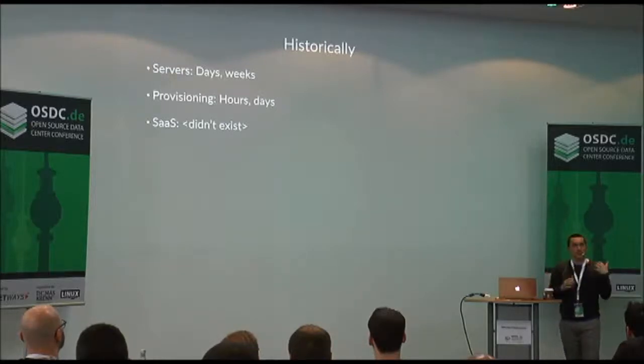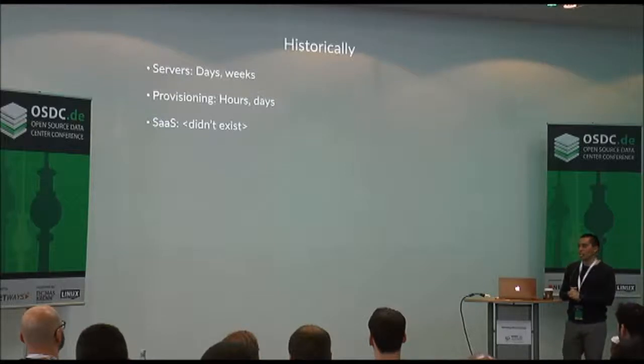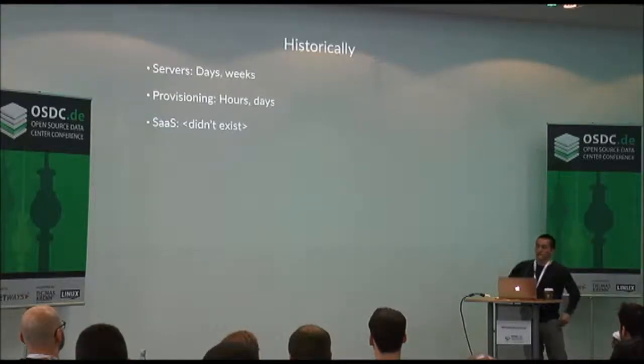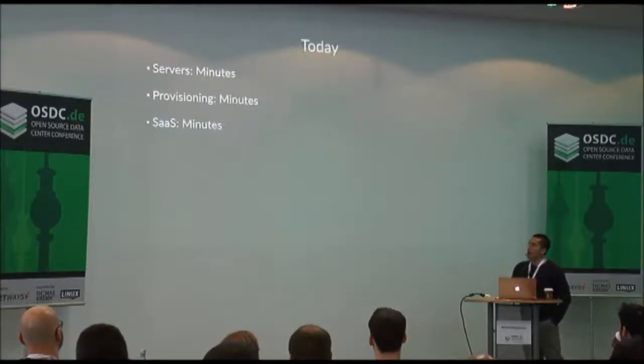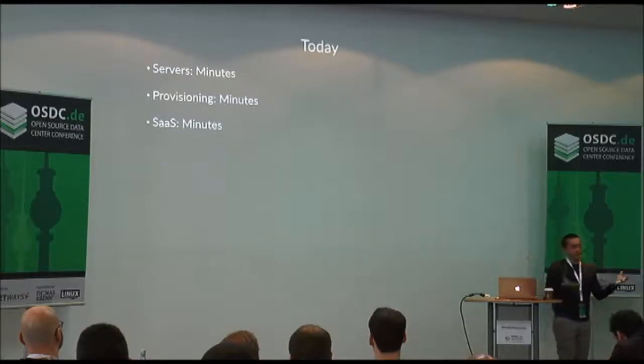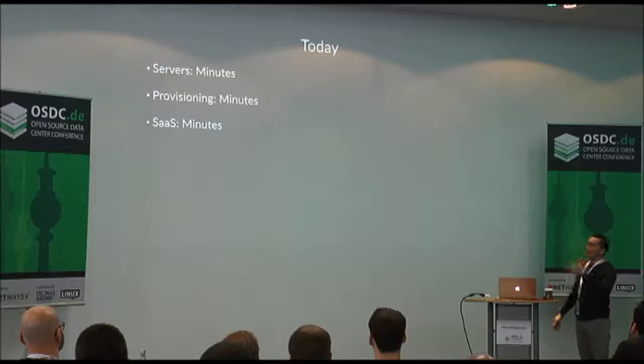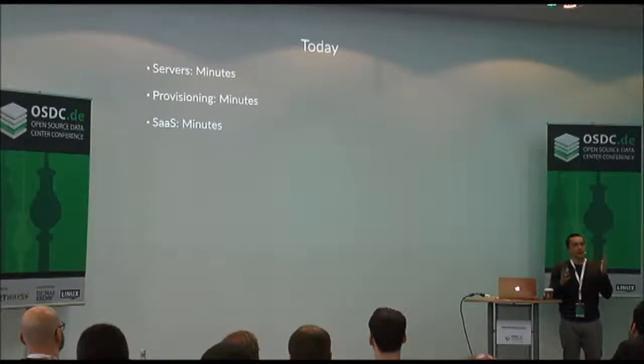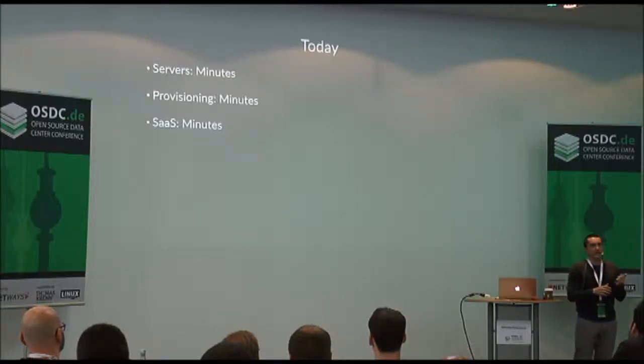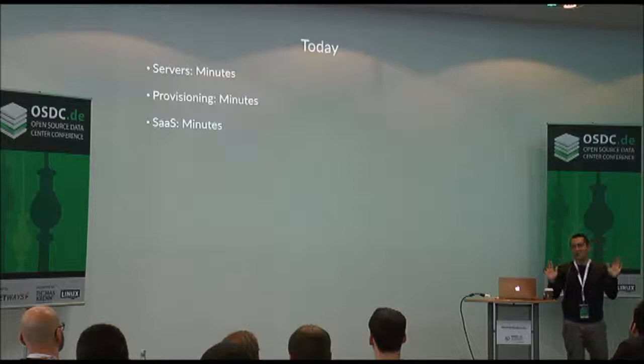Provisioning took hours or days. Thankfully, people like Puppet have solved that problem for us. So today, everything is pretty much instant. Everyone here is still in physical data centers, but even in physical data centers, you could get this pretty much instantly due to the increased adoption of things like OpenStack, opinions aside on the quality of that.